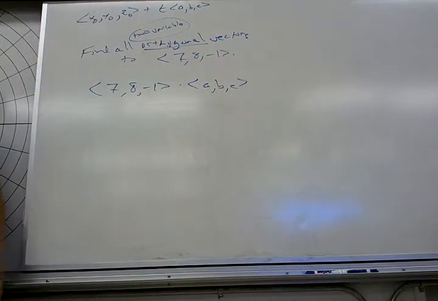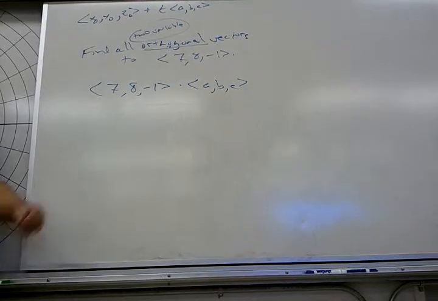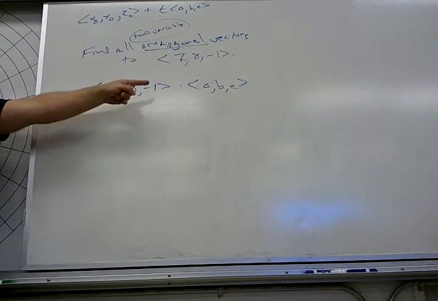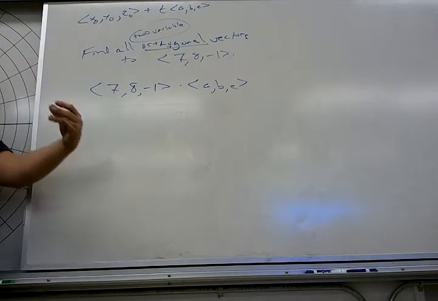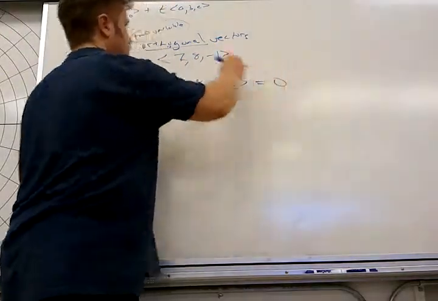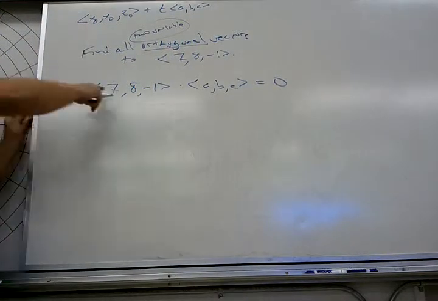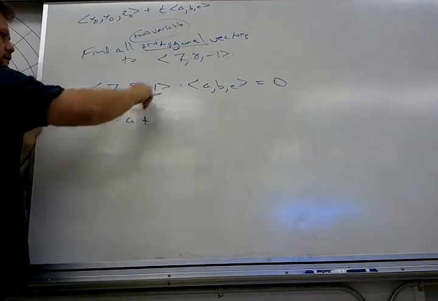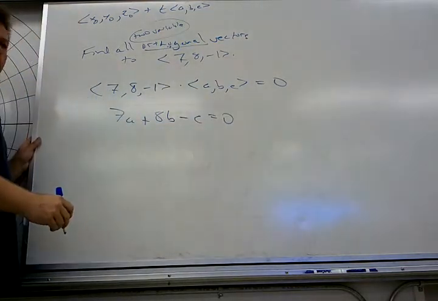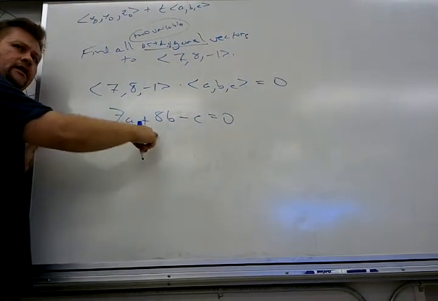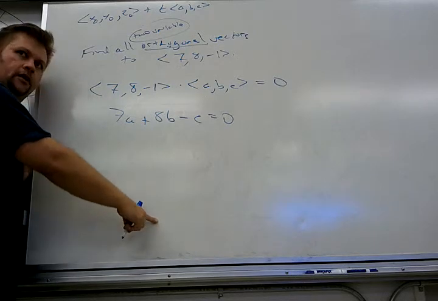Because you don't know what it is. Just like algebra, you use x. For us, in R3, our variable is ABC. Right, vector. And this has got to equal 0 for orthogonal. And what do you get? You get 7A plus 8B minus C. And a lot of you guys got to a point like this, but then you did all this other work. I'm not sure what you were doing.